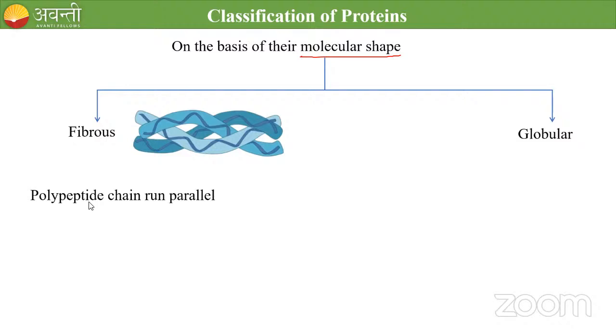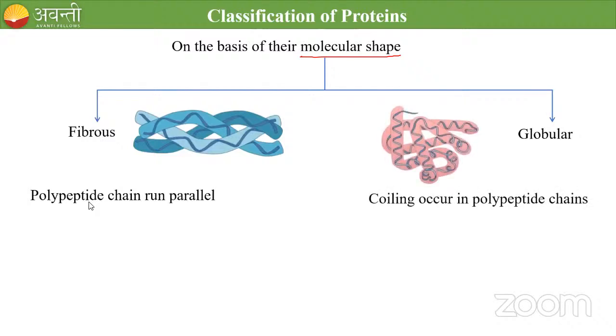When you go for globular, it is like a globe, a spherical kind of structure. All the polypeptide chains will coil around each other and form a globe kind of structure. So fibrous protein is a fiber-like structure, and globular protein is a spherical shaped molecule.